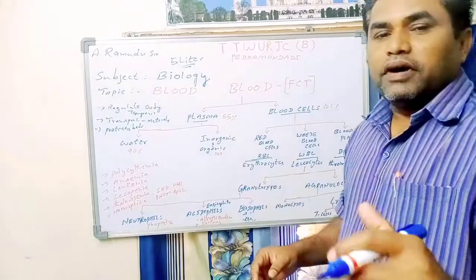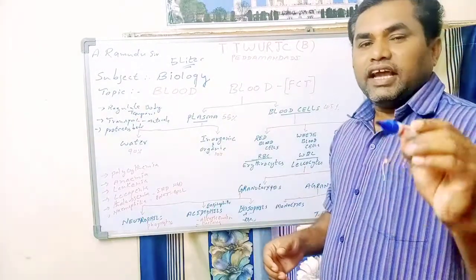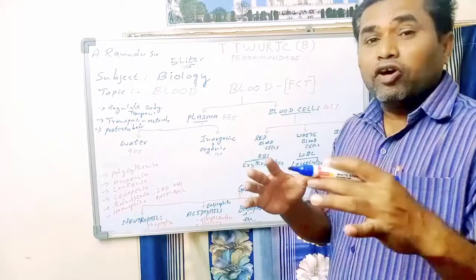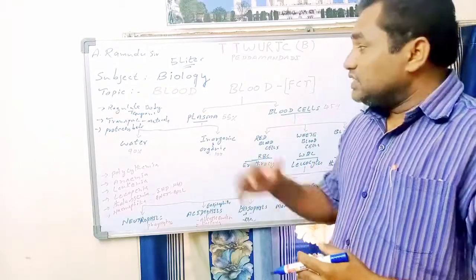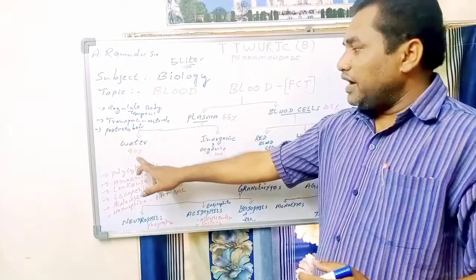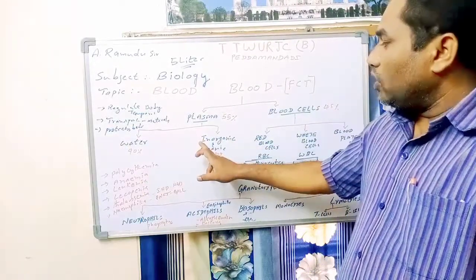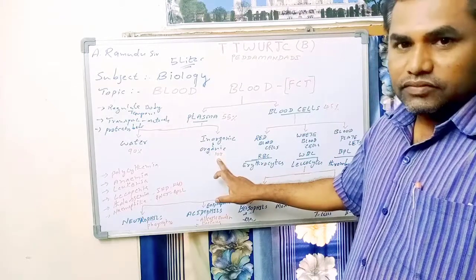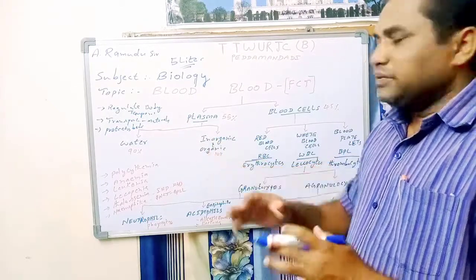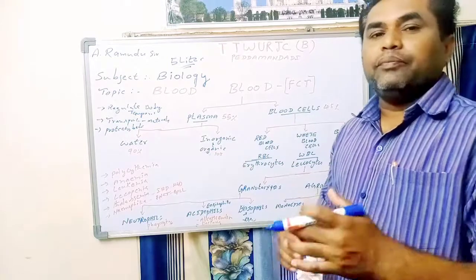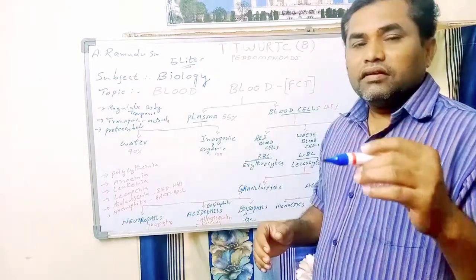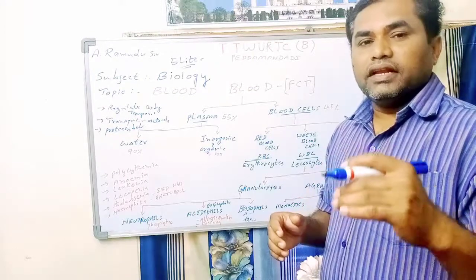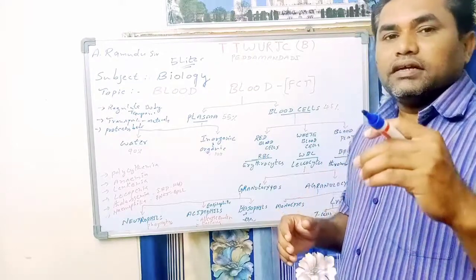So what is plasma? Plasma is a yellow colored fluid part present among the blood cells, which consists of water 90% and inorganic and organic chemicals 10%. Examples of inorganic and organic substances: proteins, carbohydrates, sodium, nickel, cobalt.